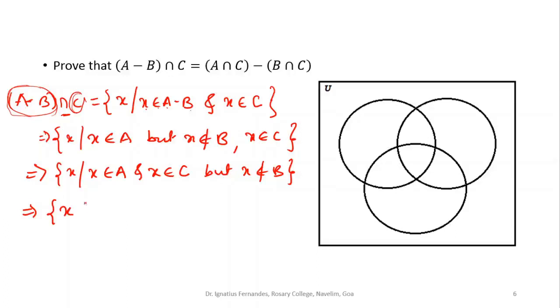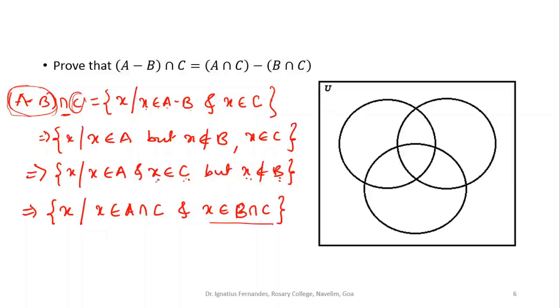So we have all x such that x is in A and x is in C as well. So x is in A intersection C and x is not in B. Okay, which means x is not in C and B. So x is not a common element in C and B, right? So x is not in C intersection B, or you can say B intersection C. Why am I writing this?